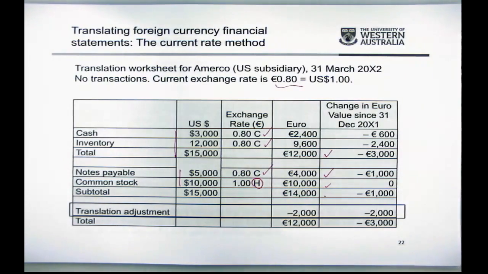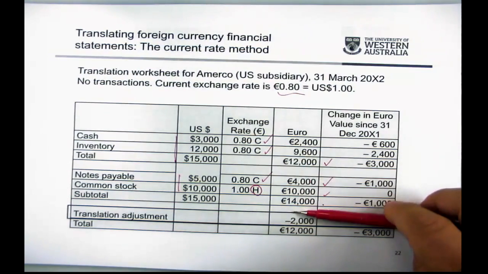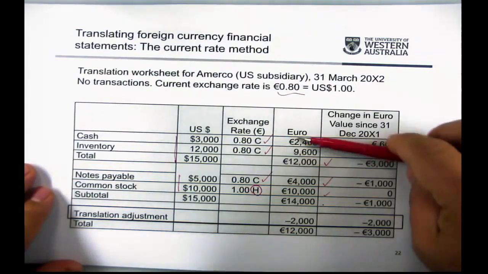Remember that the balance sheet should always be in balance, otherwise it is no longer a balance sheet. The name tells you that the two sides must be equal to have a balance sheet. The adjustment is usually made on this side, rather than this side.